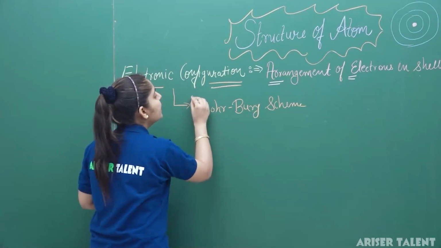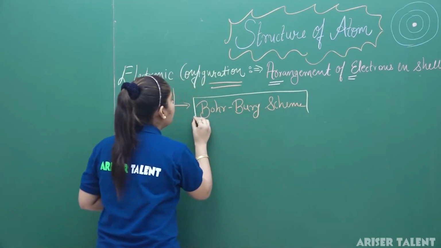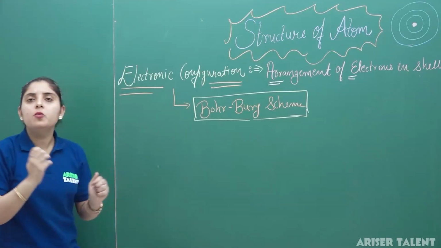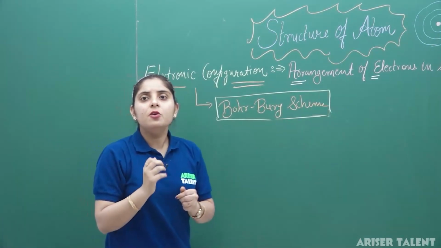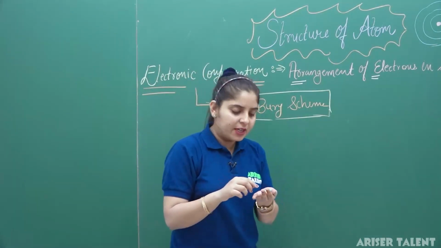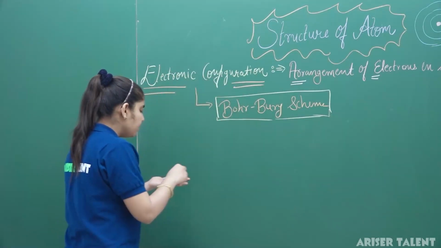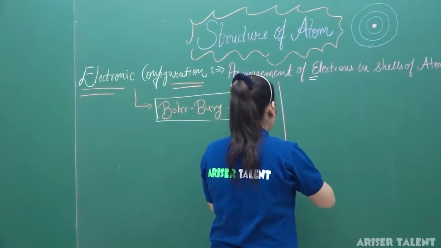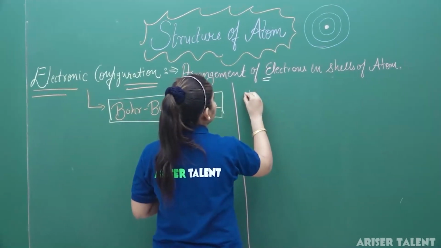According to the Bohr-Bury scheme, there are certain rules for writing the electronic configuration of an element.